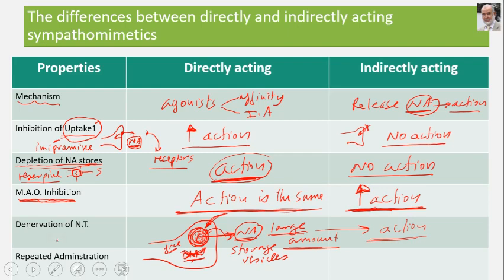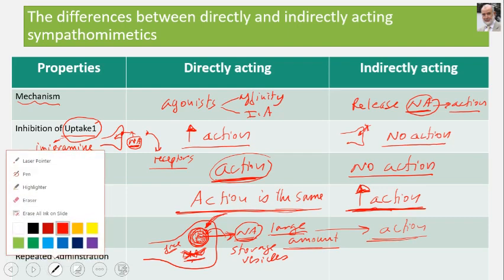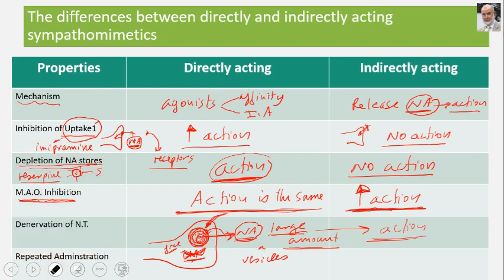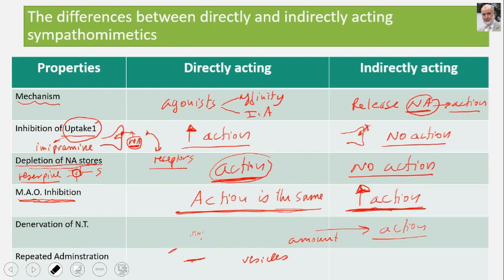So by inhibiting MAO, the action of directly acting drugs will not be changed, but the action of indirectly acting drugs will be greatly increased. This is the fourth difference between the two groups. The fifth is when we do denervation.